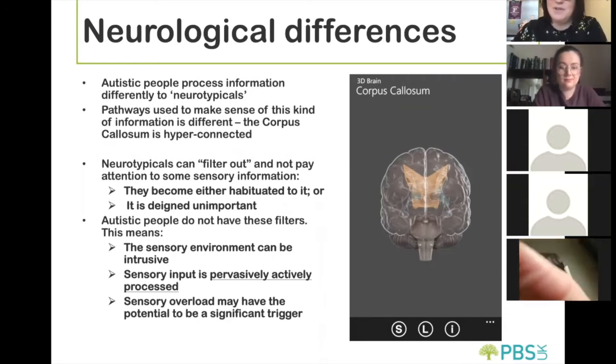And the main difference you find with autistic people in comparison to neurotypicals, which is the term we use to describe people who are non-autistic or don't have any particular diagnosis, so the bulk of people who are providing support.